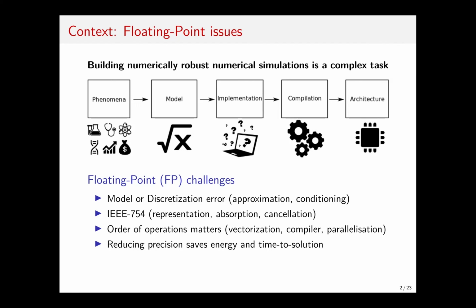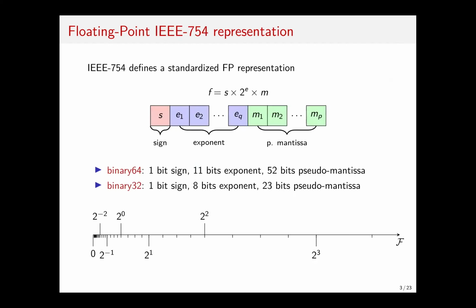And there is an important trade-off there, because if we can reduce precision, we can save energy and time to solution. Nowadays, the environmental impact of computation is a very important topic. Computational problems are getting bigger and bigger, so we should aim to do the computation with the smallest possible precision that guarantees convergence to the solution.